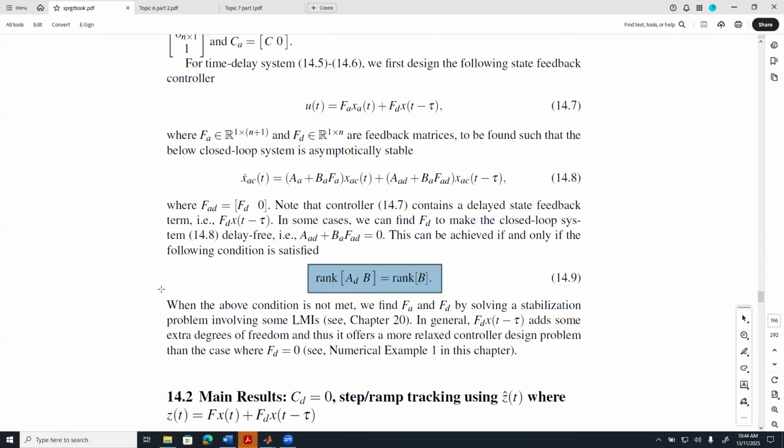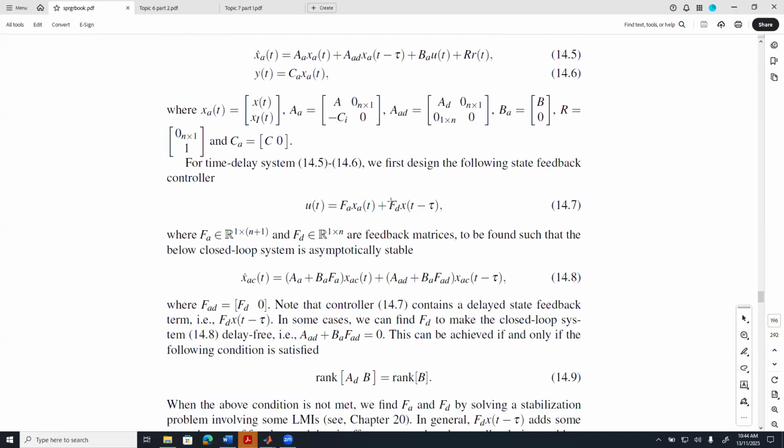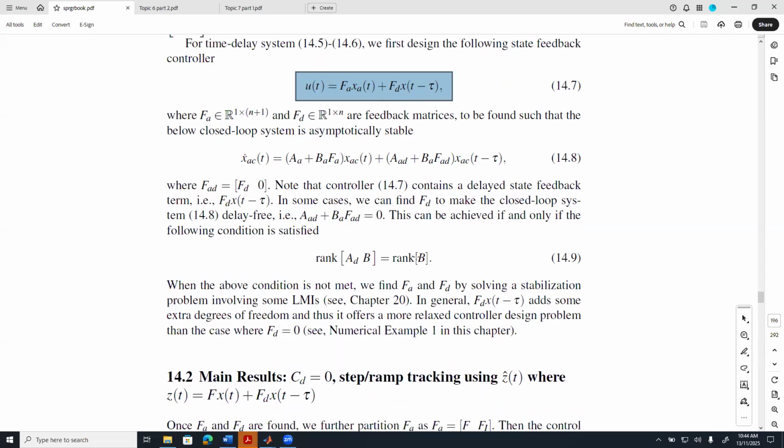And of course, that stabilization problem is less conservative than the problem of just finding Fi alone to stabilize the time delay system. Okay. And the good thing about this control law is that since we have developed the generalized functional observers to directly estimate this generalized functional, it's a natural application. You can see that it just fits in very well.